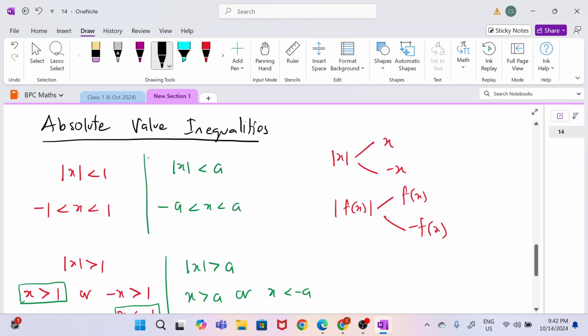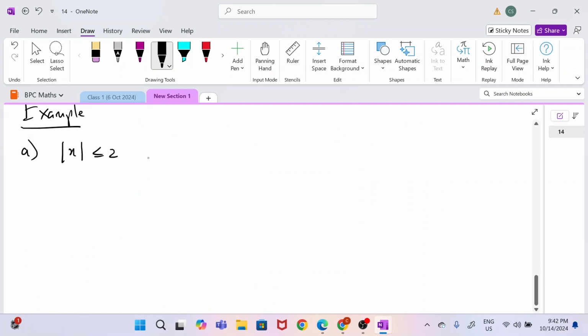So less than 2 I can follow this method here. This is the answer. This is method 1.